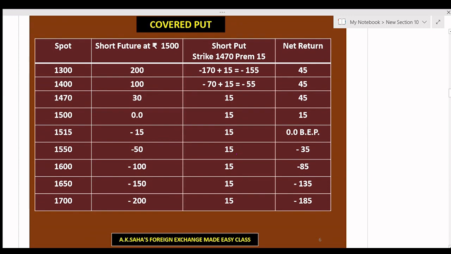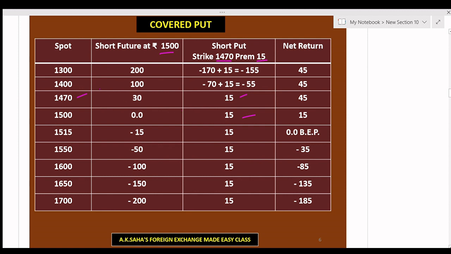Covered put table. Now the short future price is 1500, the short put strike price is 1470, and the premium receivable is 50. So for the put option, up to the strike price 1470, the put option holder will earn the premium received, 15.